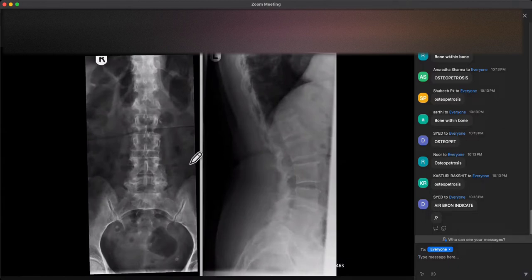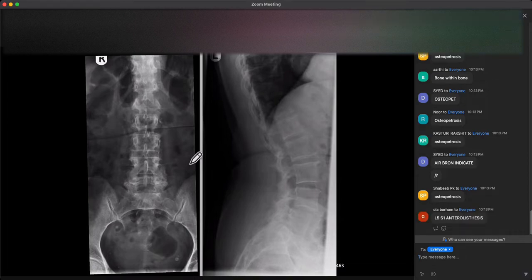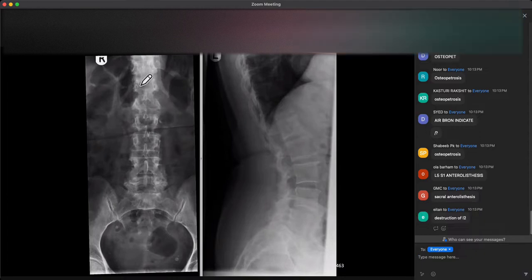Okay, this patient has got back pain. Tell me more. If you look at L1, there's T12.